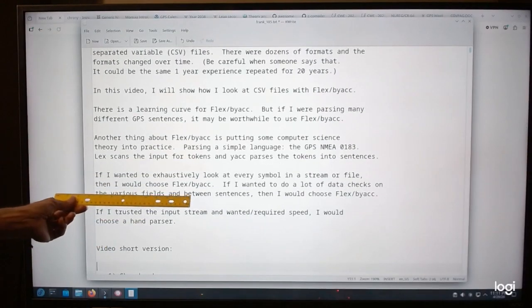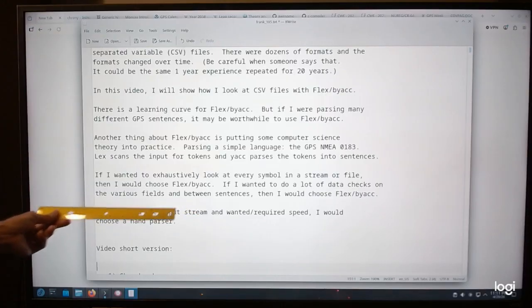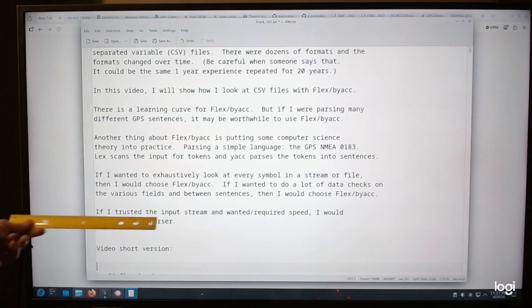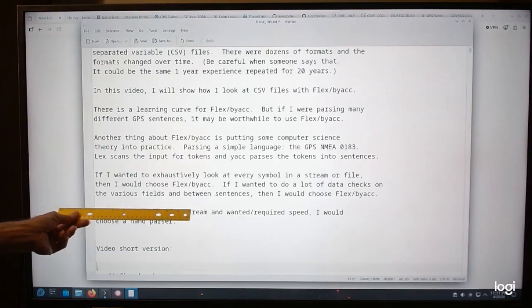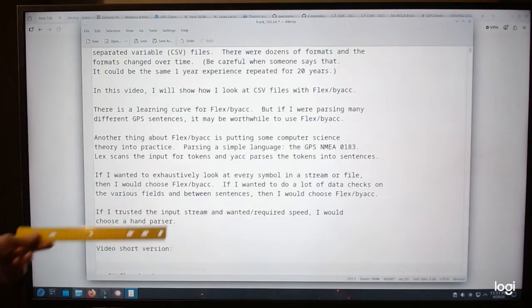If I wanted to look at every symbol in a stream or file, I would want to look at Lex and YACC. I used to do a lot of data checks on the various fields between sentences, and I would want to look closely at Lex and YACC to do that.